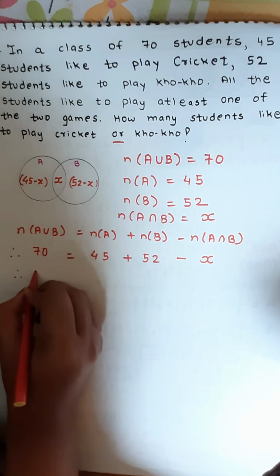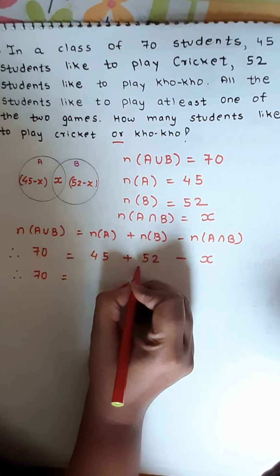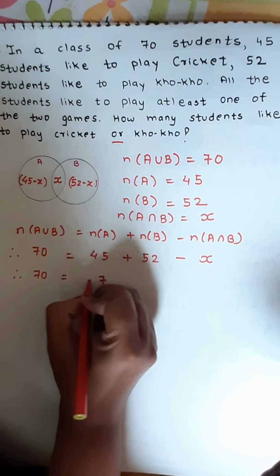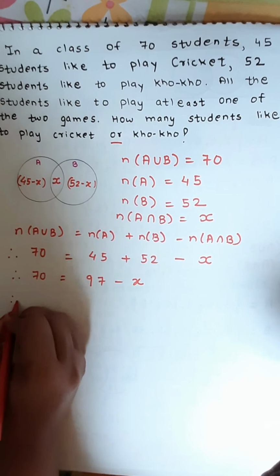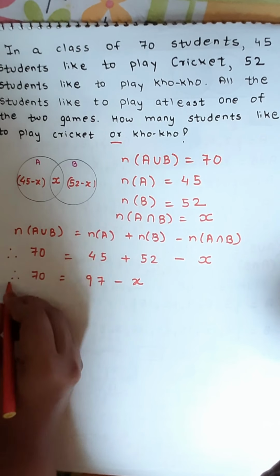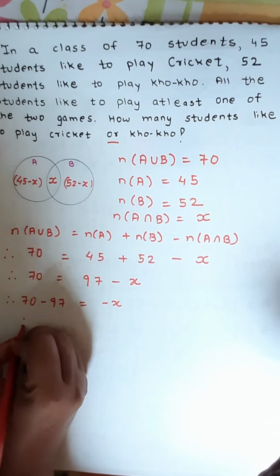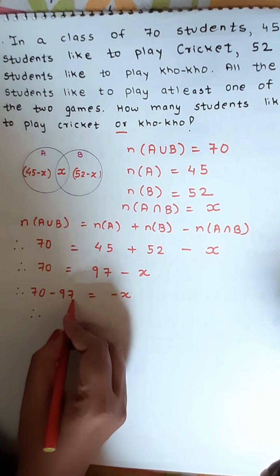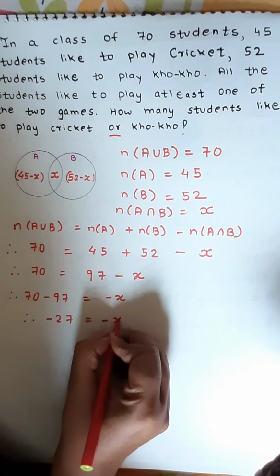So therefore 70 is equal to 45 plus 52, so it will be 97 minus x. Let that minus x go to that side. 70, take that 97 to this side, so it will be minus 97 is equal to minus x. So 70 minus 97, the answer will be minus 27 is equal to minus x.